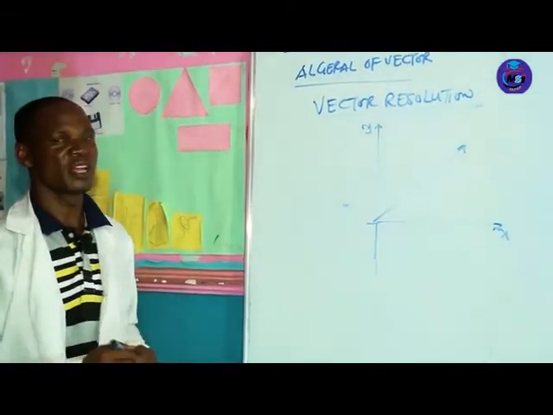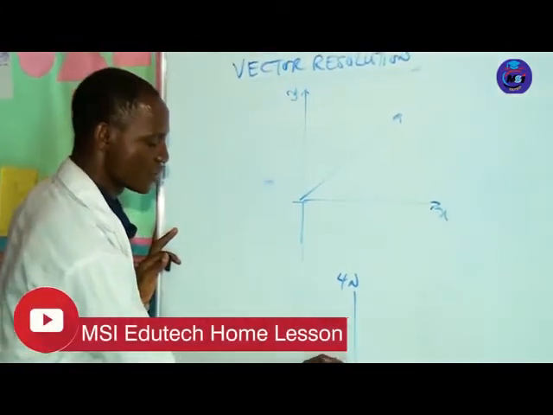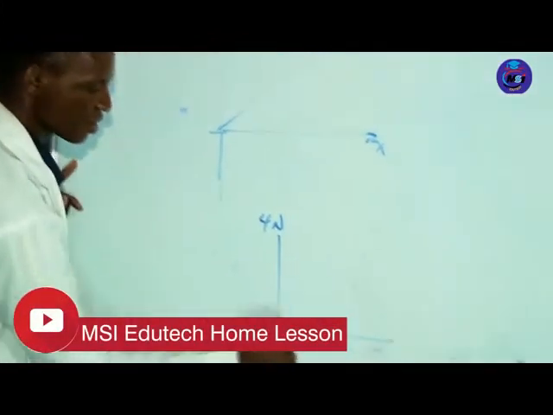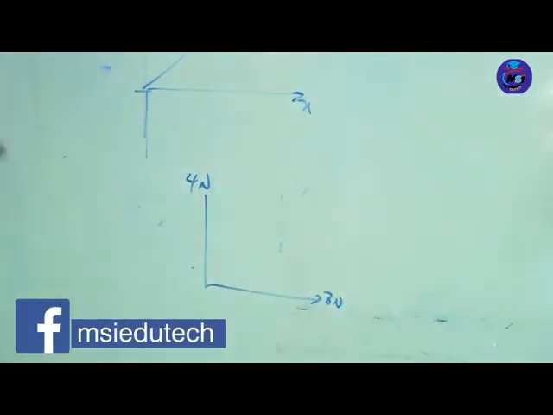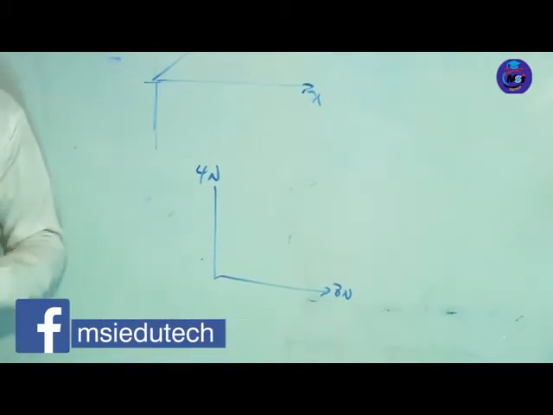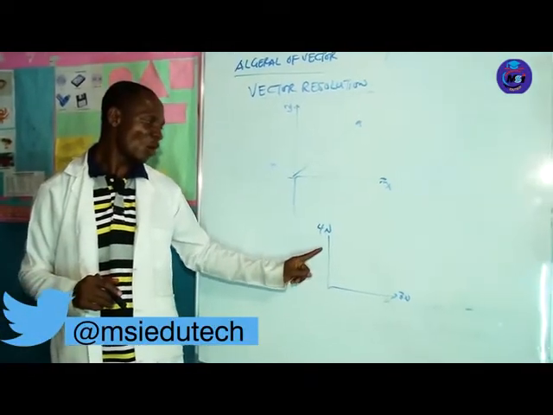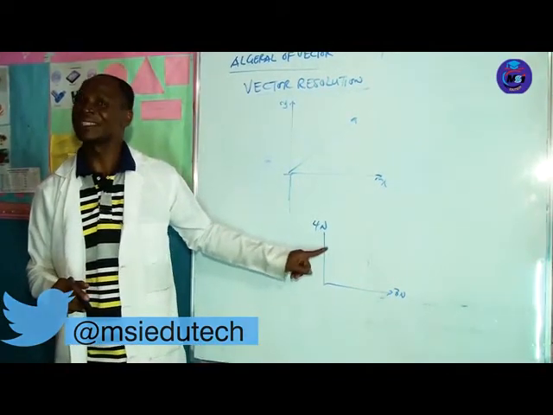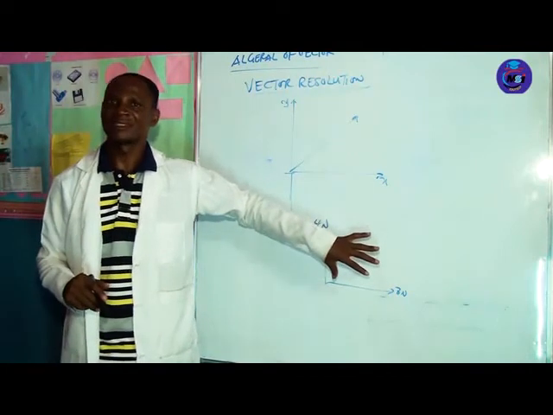For example, if I give you 4 Newton on the y-axis, x, 3 Newton. Now, these two forces are being resolved, meaning that this is the value of the vector on the y-axis, meaning that this one has no x component.